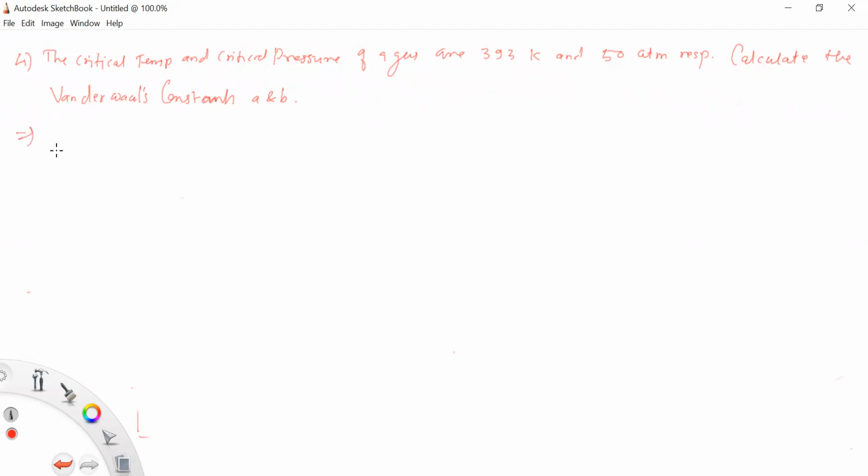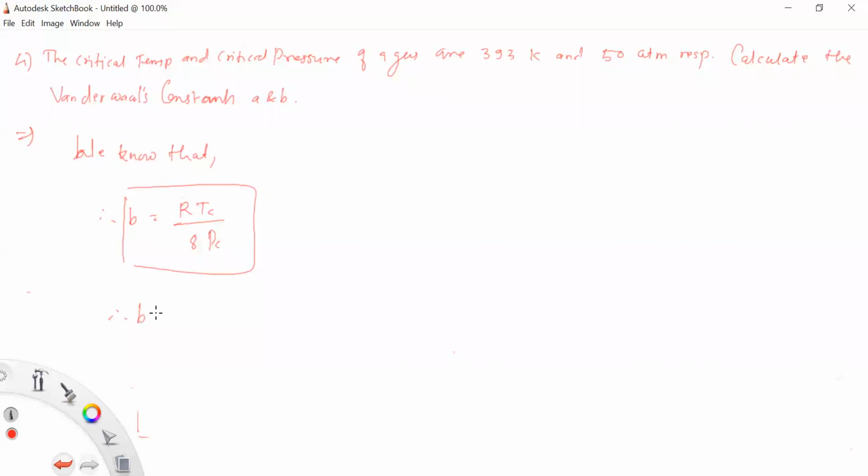So in this problem we have to find out A and B. We know that काय माहित आहे तर B is equal to RTC upon 8PC, right?